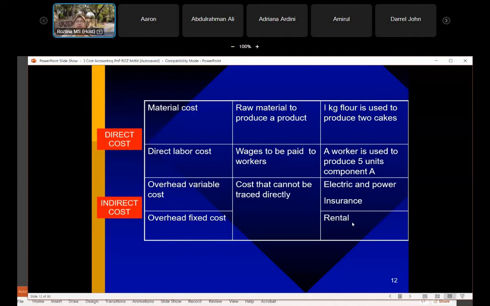Because for rental, it is the same. If you want to produce 1,000 units for this month, or say 100,000 for the next month, you still have to pay the rental for the building, maybe 5,000 a month. Whether you produce 1,000 or 10,000 in a month, you still have to pay the same rental.